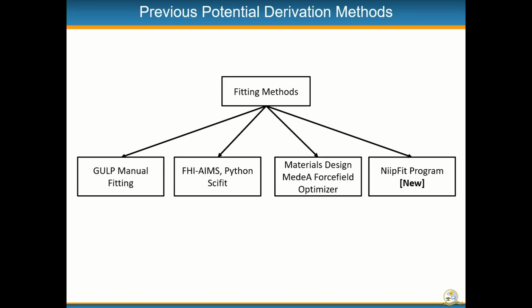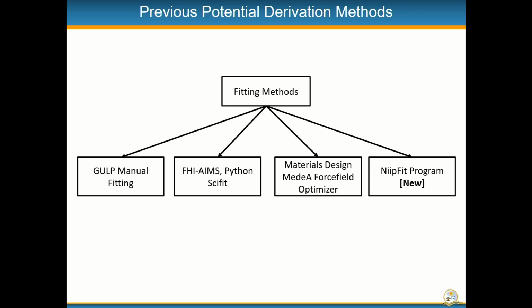So there are methods we have previously used to model potentials. The first one is fitting potentials manually. Like you just get your laptop, some properties of your system, structural properties, and maybe a GULP program, and you try to brute force and guess the values of your parameters for your force fields.